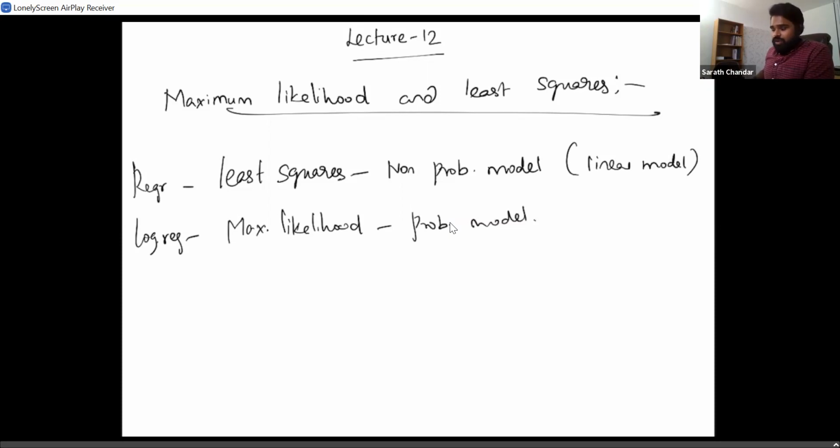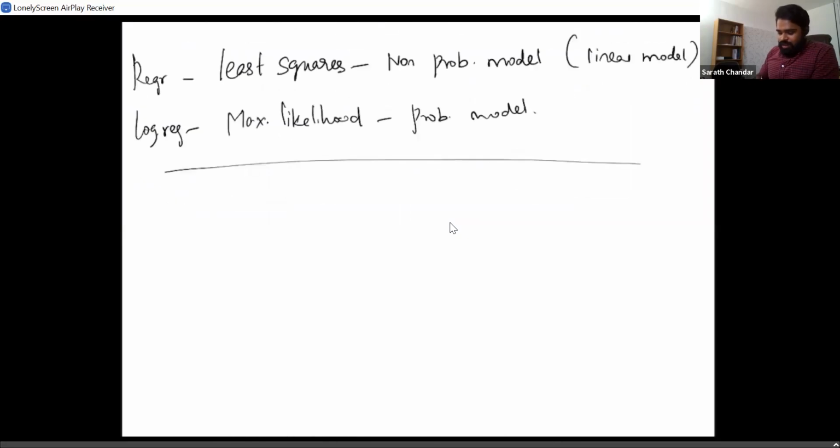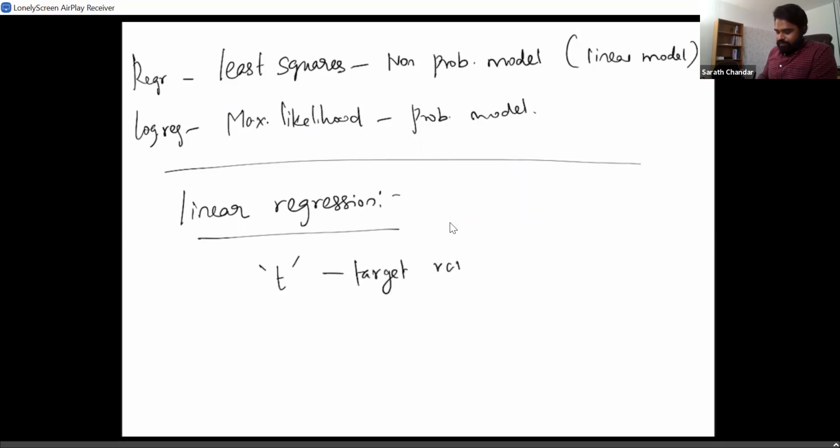Okay, so now let's go back to linear regression and look at it from the probabilistic perspective. Assume that the target variable t that we have for the linear regression is given by some deterministic function, so t is equal to y of x given w.